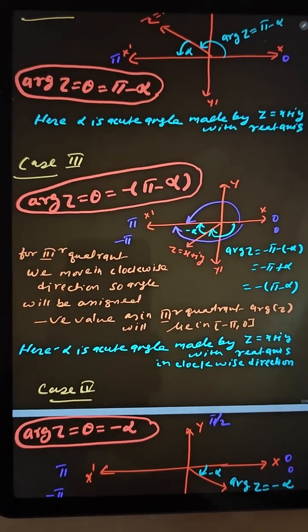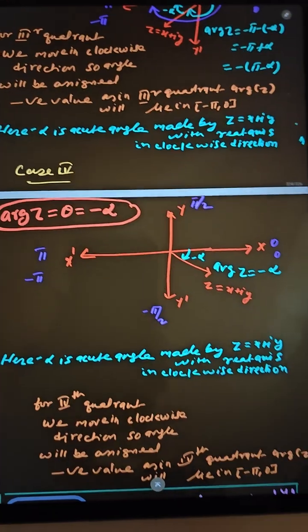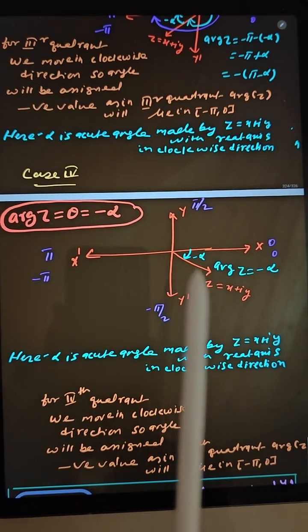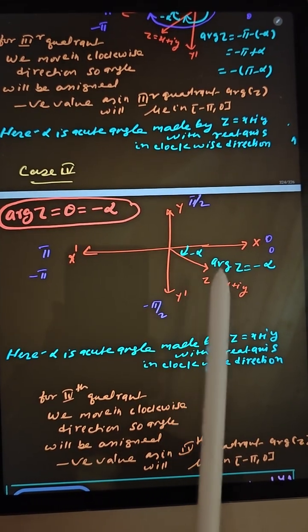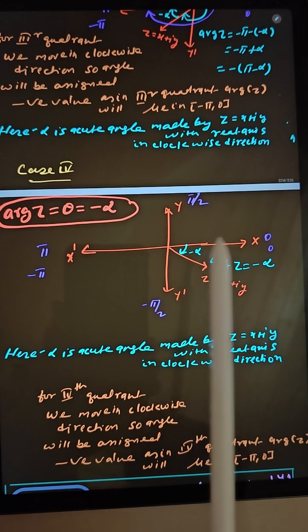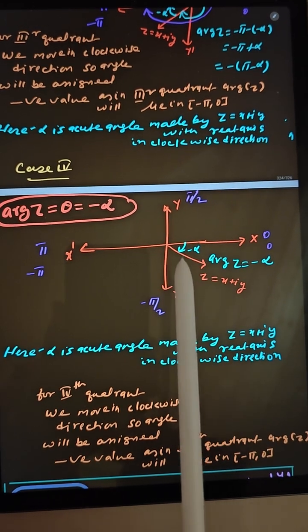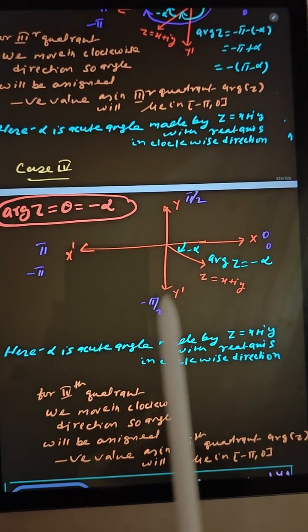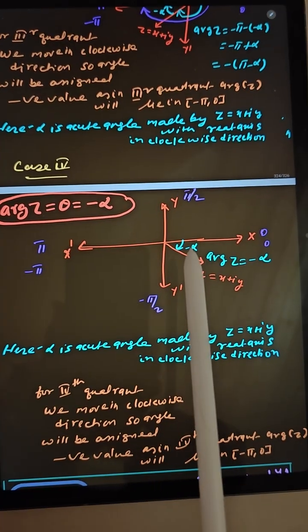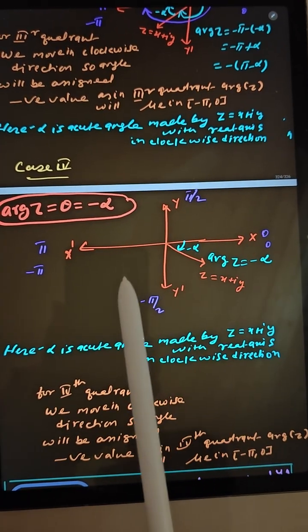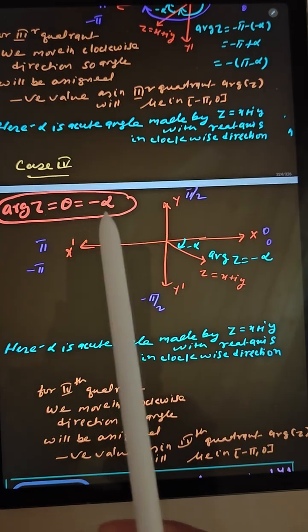Now it is clear. Now come to case 4, when it is lying in the fourth quadrant. The fourth quadrant is very simple. The angle made by the positive real axis to this complex number is in clockwise direction, so minus alpha. So simply the argument of z, that is theta, will be minus alpha.